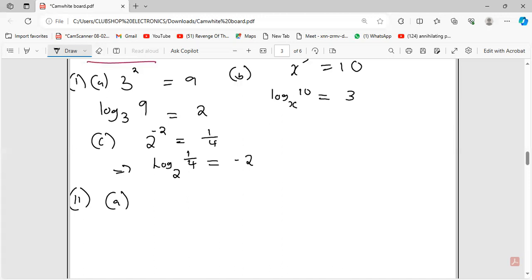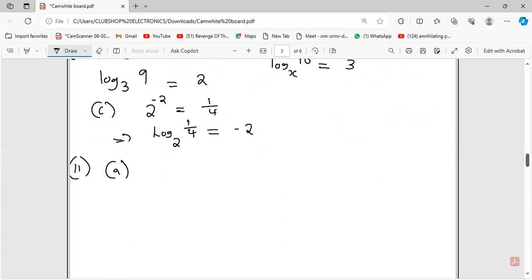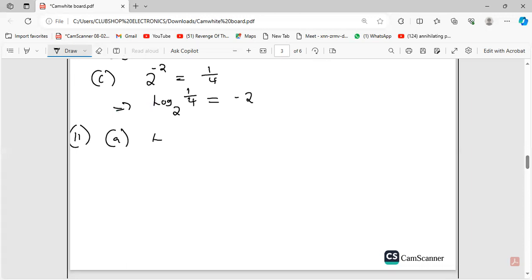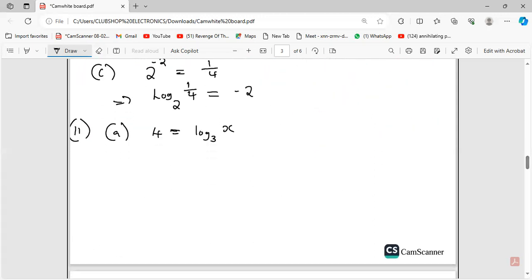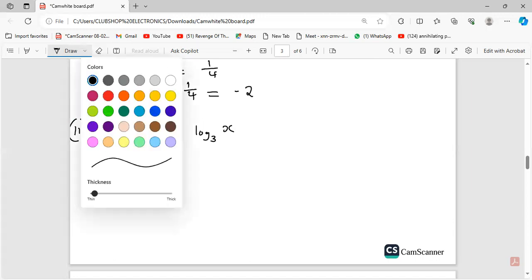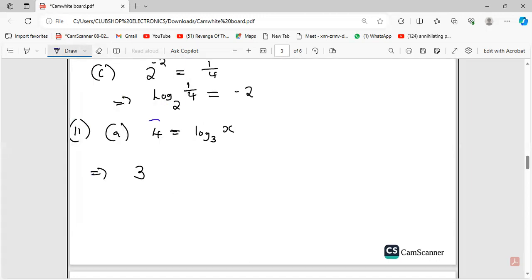A, 4 is equal to log of base 3 of x. So what are we saying? Always start with the base, which is 3. So this, which is on the left-hand side, is our power. Then we equate this to what? To x. All right?